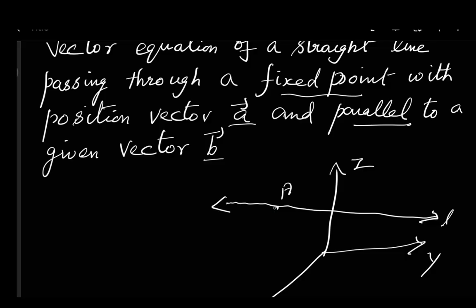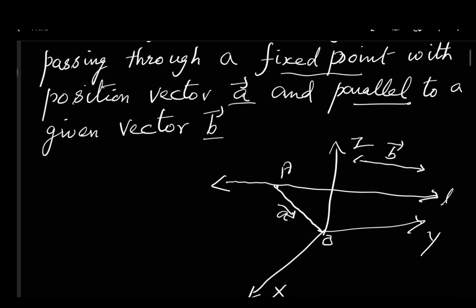And the position vector of this point A, with respect to the origin, OA is vector A. Also this line is parallel to the vector B. So let me take a vector B that is parallel to the given line.